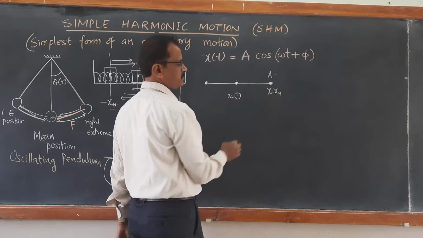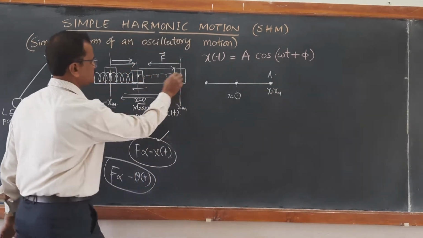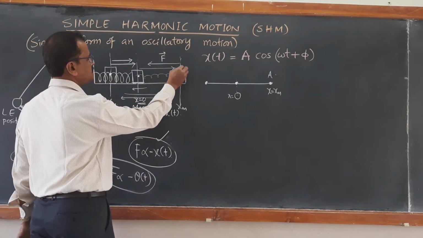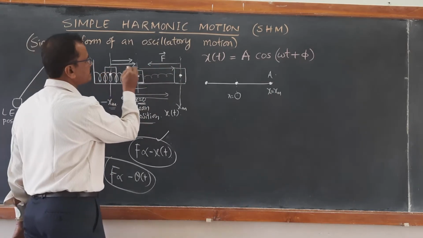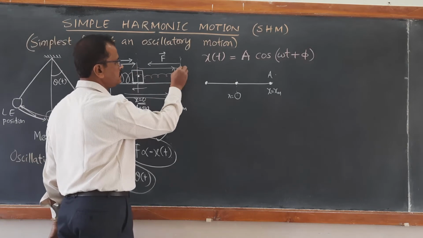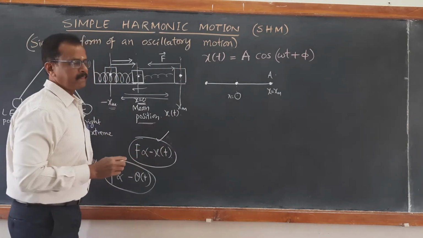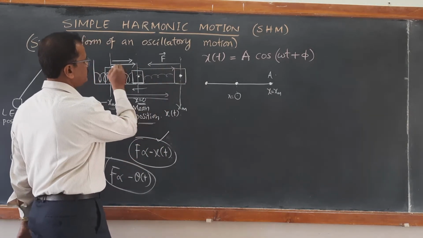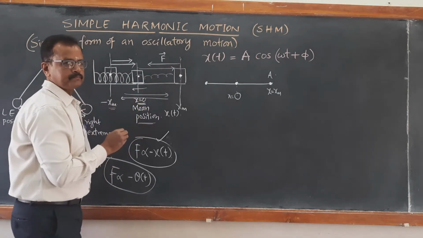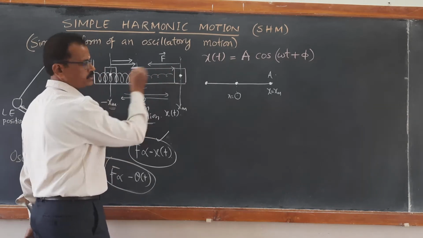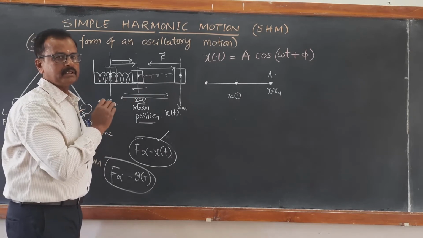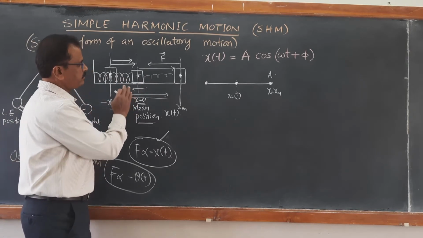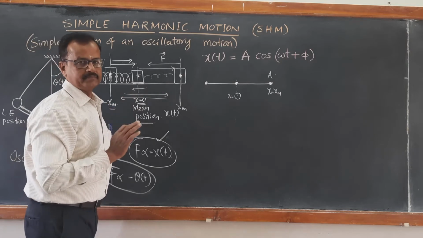When we release it from here, after stretching and releasing, it goes to the mean position and goes to the other extreme position, and again comes back to the mean position and reaches the initial position. Then we say that it has completed one oscillation. So it continues. We neglect the presence of air resistance and we neglect friction.